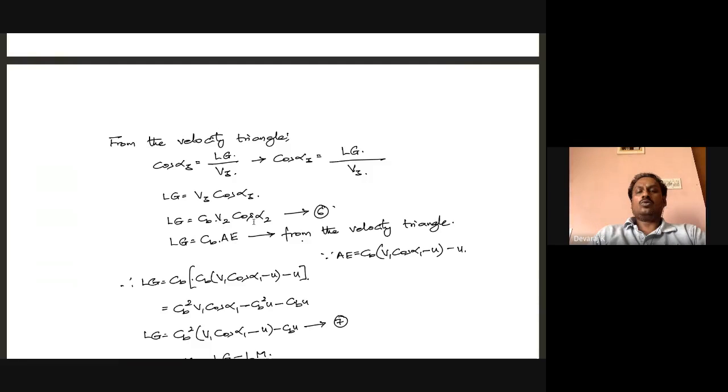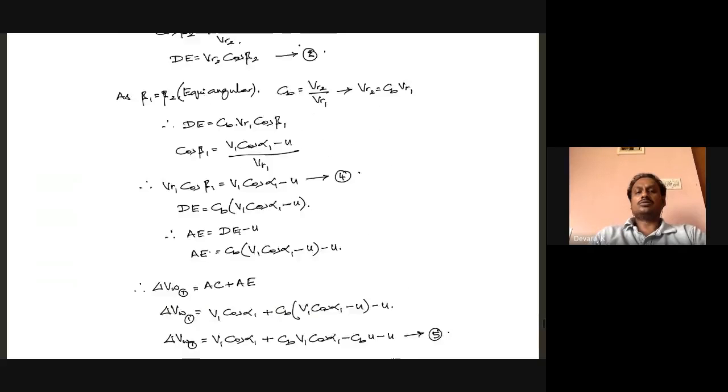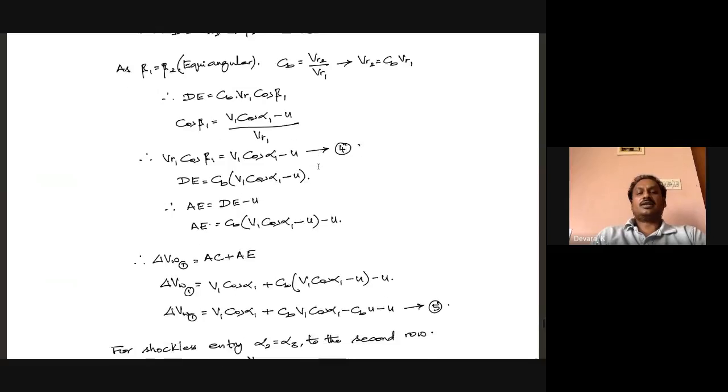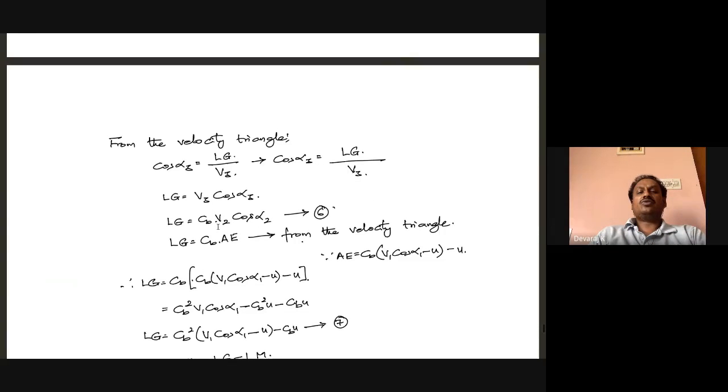Now if I look into the velocity triangle, V2 into cos alpha 2 is actually AE. So AE is nothing but V2 cos alpha 2. But already I have defined AE as CB into (V1 cos alpha 1 minus U), minus of U. I'll substitute for AE over here.